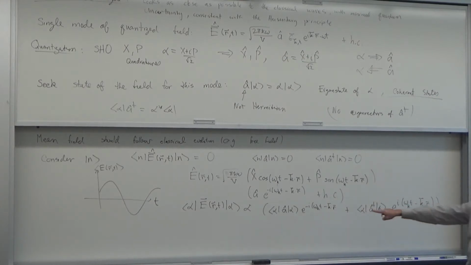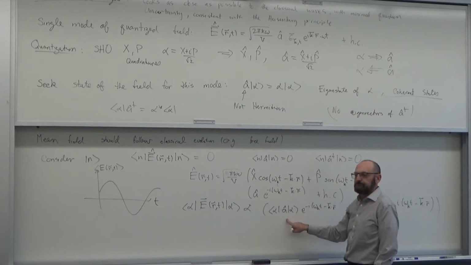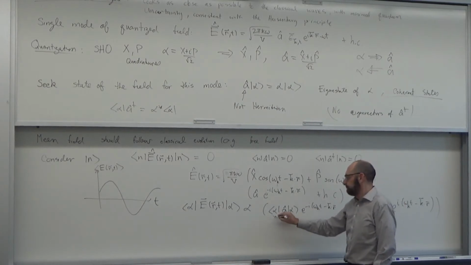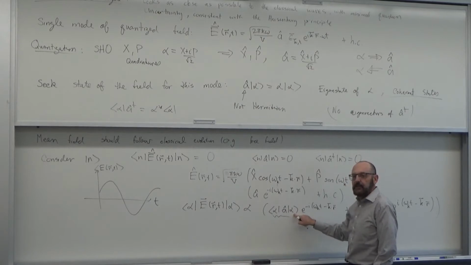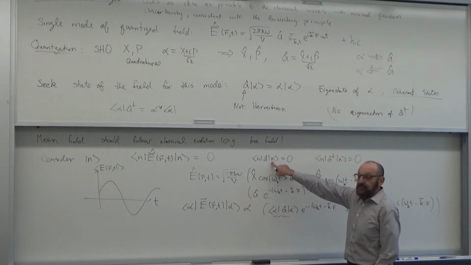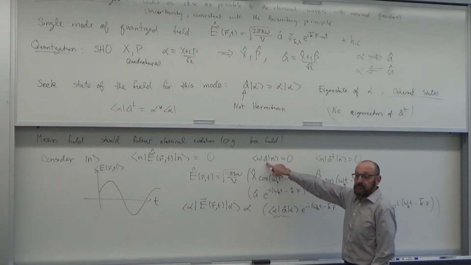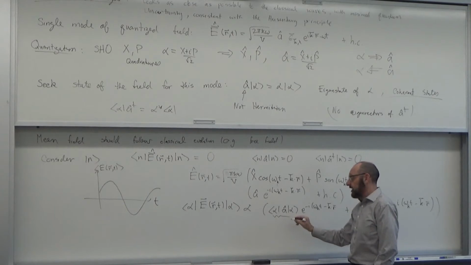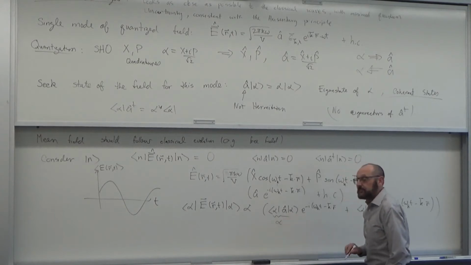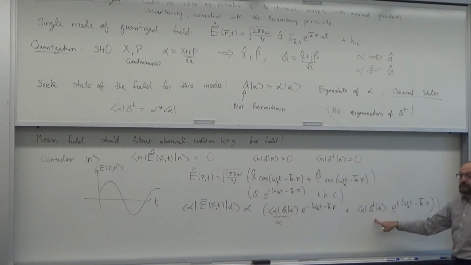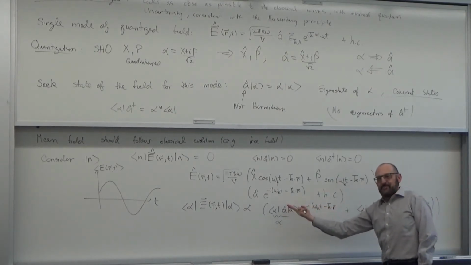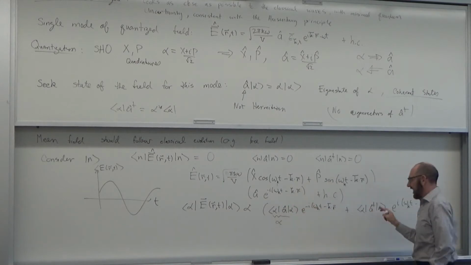And what is this? Well, this is an eigenstate. So the mean field of A for the case of the Fock state was 0, but for the coherent state is alpha. And what about this one? Alpha star, for exactly the reason that Matt was suggesting. Or I could just take the complex conjugate of this, because that's what this is.